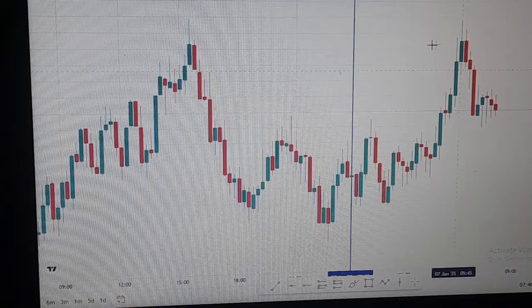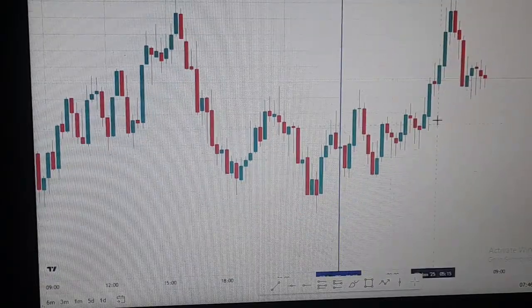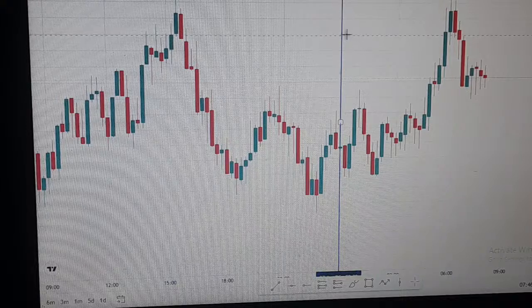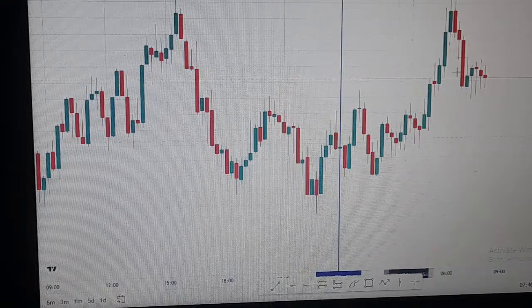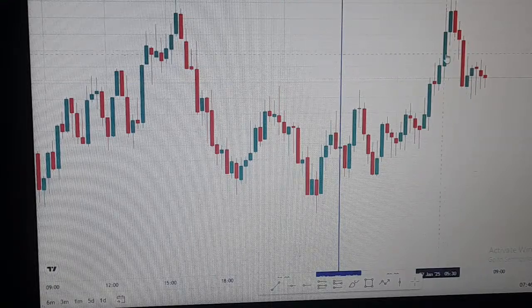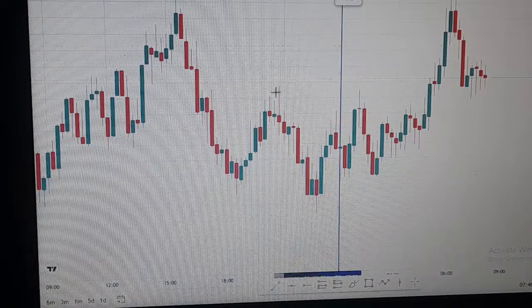I hope you can see the chart very well. This is our 15 minute chart, and this here is our daily separator, which we marked in our daily. Remember our daily was green, or blue, so that shows we are looking for the buy. So we have to identify the structures that yesterday got broken.